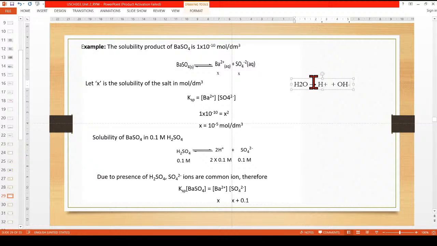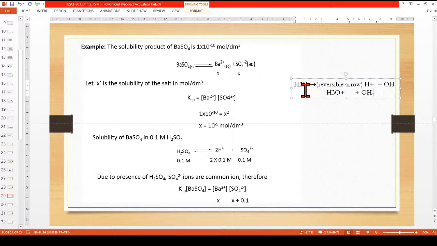So for dissociation, this is reversible. The reversible arrow will give H plus plus OH minus, or more precisely it will give you H3O plus plus OH minus. At that time you consider 2 moles of water.